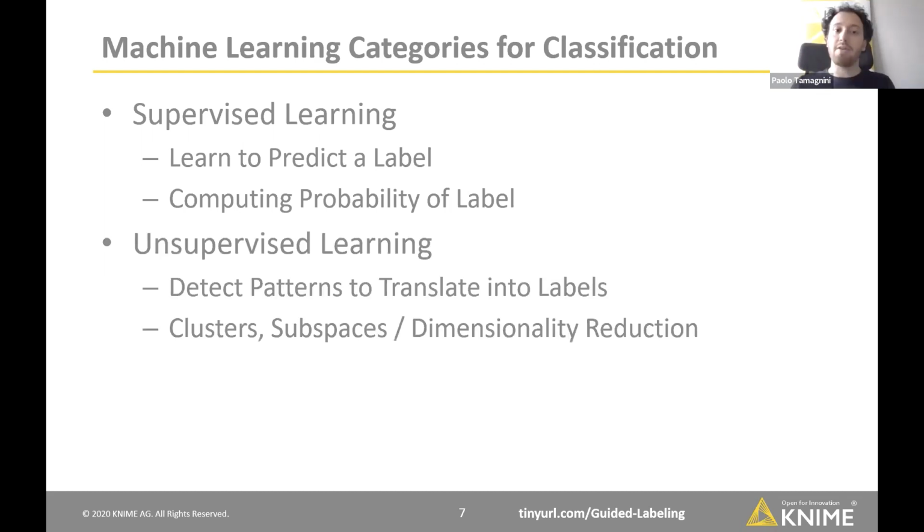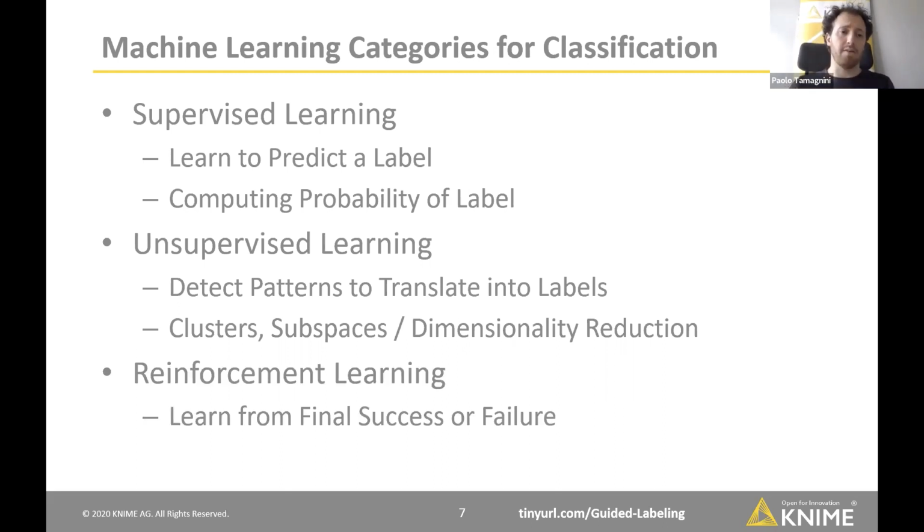Then there is unsupervised learning, that is clustering, dimensionality reduction. You don't need those labels, but the output won't be as precise as with supervised learning. And then we have also reinforcement learning. That is different. You can use reinforcement learning also for classification, because that's the machine learning task that we want to do, to classify. And reinforcement learning has the possibility to run an experiment, measure the success or failure, and with a feedback loop, improve the model each time to perform this operation correctly.